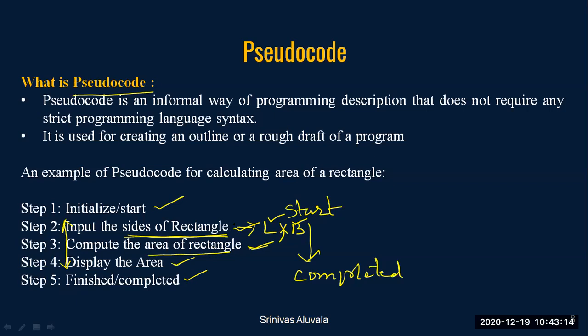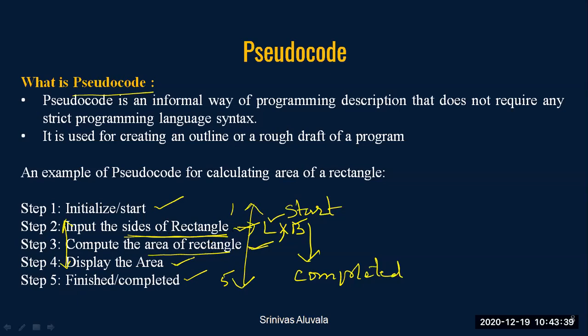After getting the solution, my writing of steps, how I need to get a solution to my problem, is defined from step number 1 to step number 5. You start solving a problem with a starting command, and get what is required for your problem. That's what I got, the sides of the rectangle.